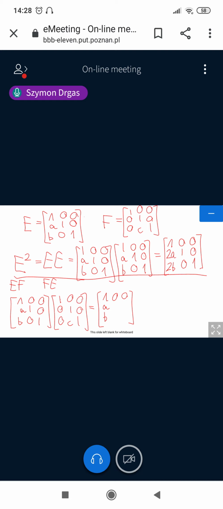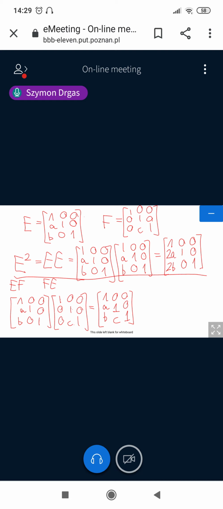Then we have 0, 0, 1, so it means that we can rewrite the third column of this matrix. So 0, 0, 1. And then we can calculate the dot product of the second row on the second column. So it will be 0 plus 1 plus 0. So 1 should be here, and third row by the second column. So it's 0 plus 0 plus C.